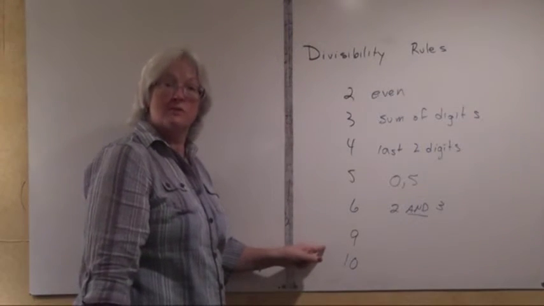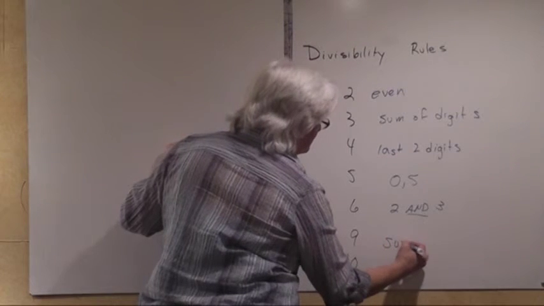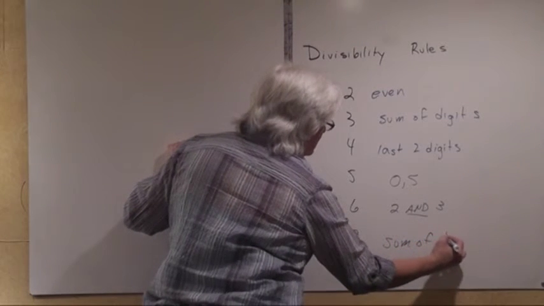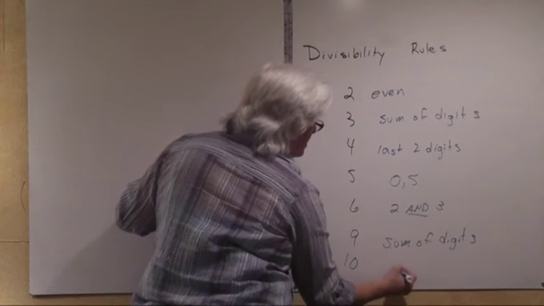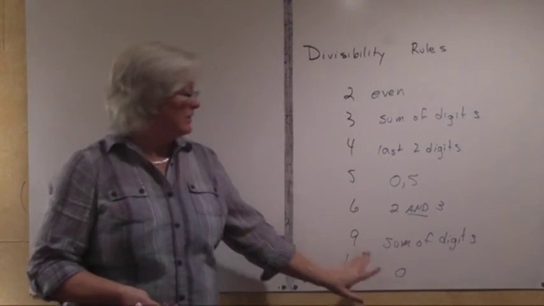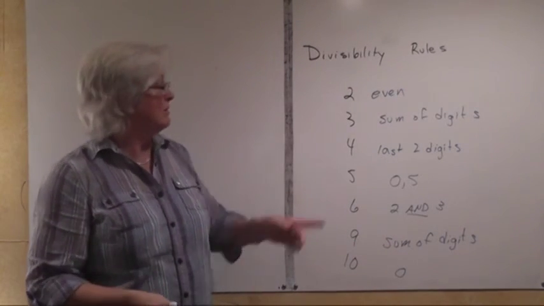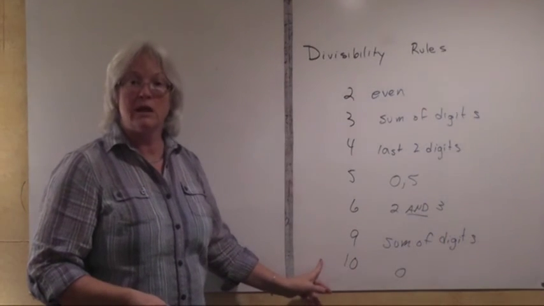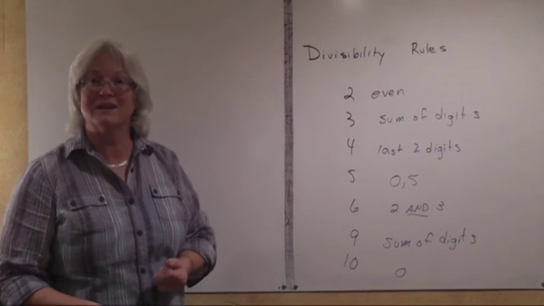How do you tell if it's divisible by 9? That's another sum of the digits. If you can divide the sum of the digits evenly by 9, you can divide the entire number by 9. And finally, a number is divisible by 10 if that number ends in 0. These little hints will help you when you're dividing numbers. I'll see you next time.